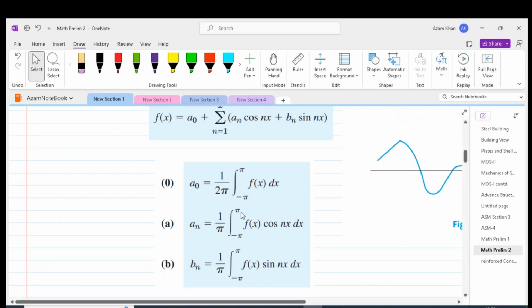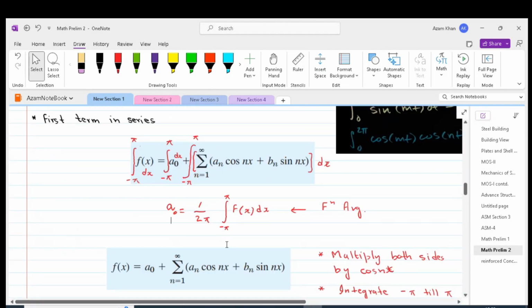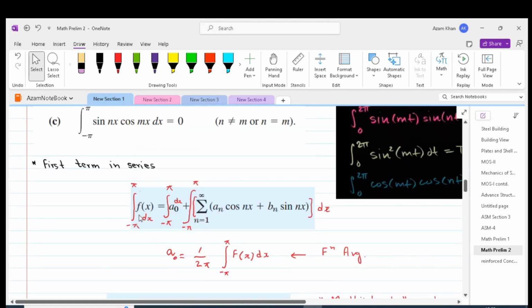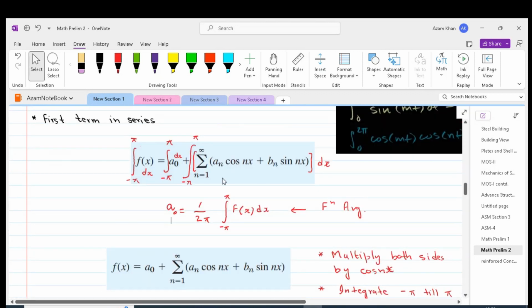In order to find an, we multiply both sides by cos nx. So f of x is multiplied by cos nx, a naught is multiplied by cos nx, and the whole term consisting of cos nx and sin nx is also multiplied by cos nx. Then we integrate that between minus pi and plus pi dx, the same thing we did here.